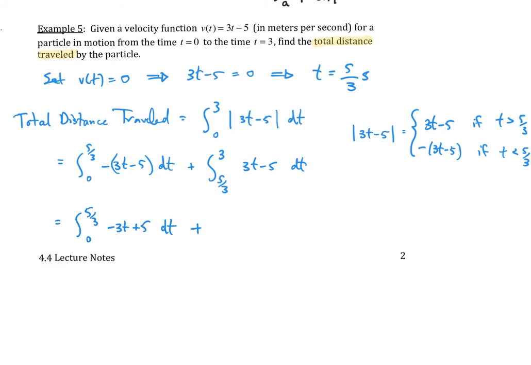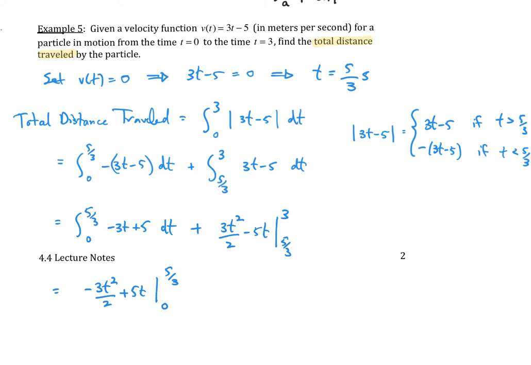That antiderivative is going to be 3t squared over 2 minus 5t, going from 5 over 3 to 3. Okay, so let's find the antiderivative of that first integral. That's going to be negative 3t squared over 2 plus 5t evaluated from 0 to 5 over 3.